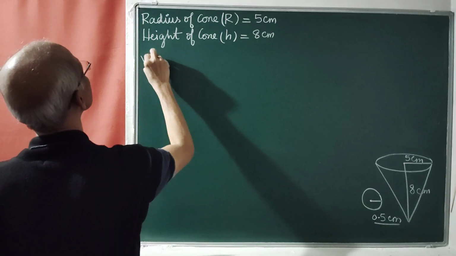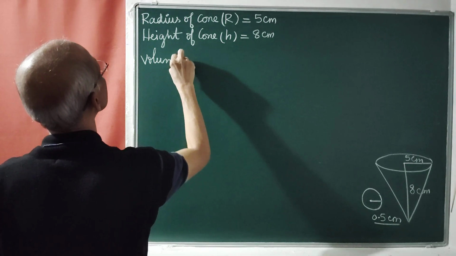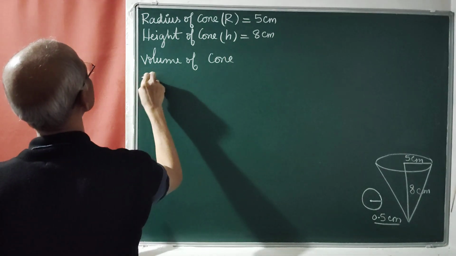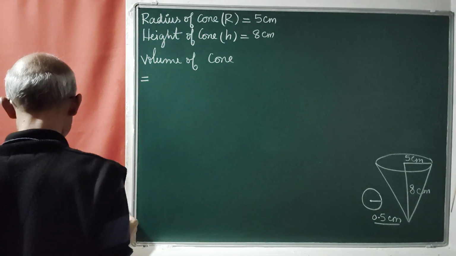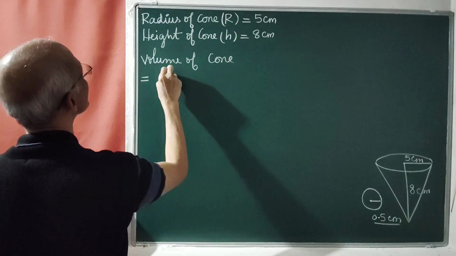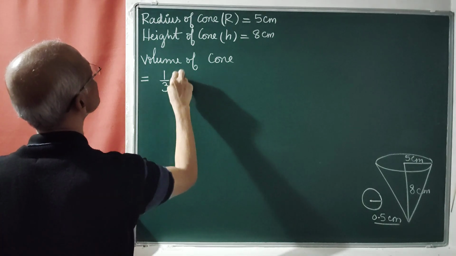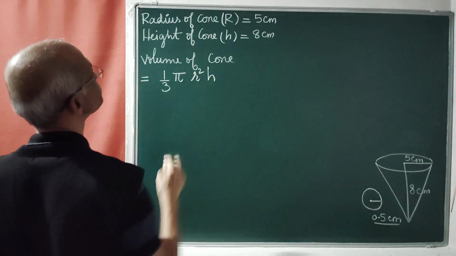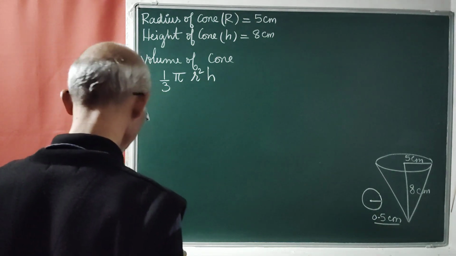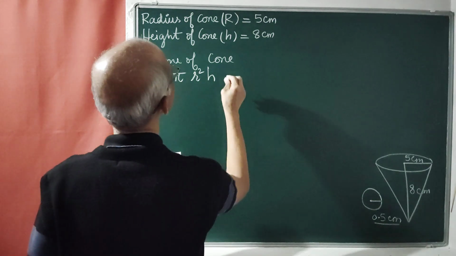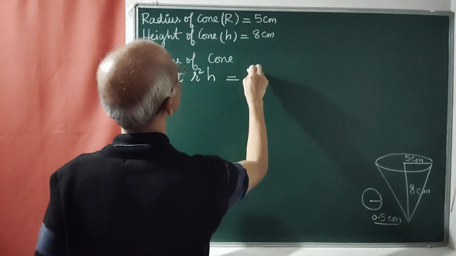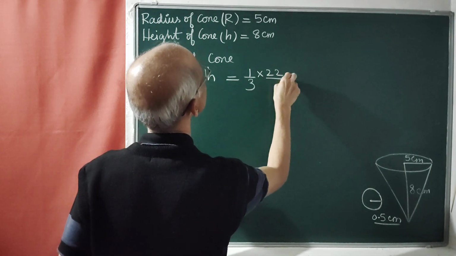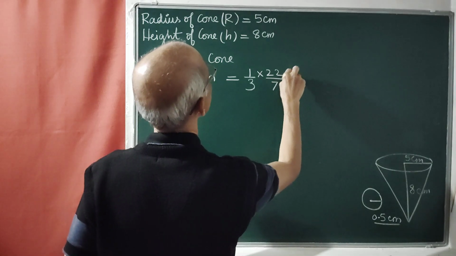Volume of cone is equal to 1 by 3 pi r square h. This, if you calculate, 1 by 3 into 22 by 7 into r square.